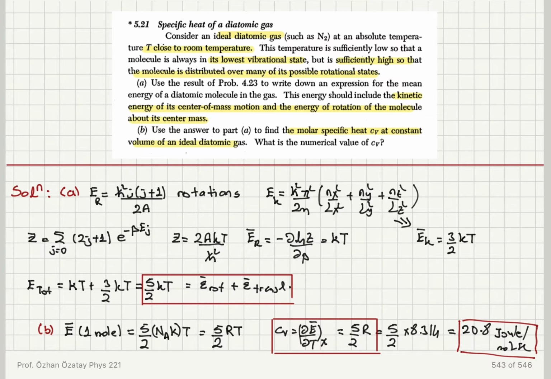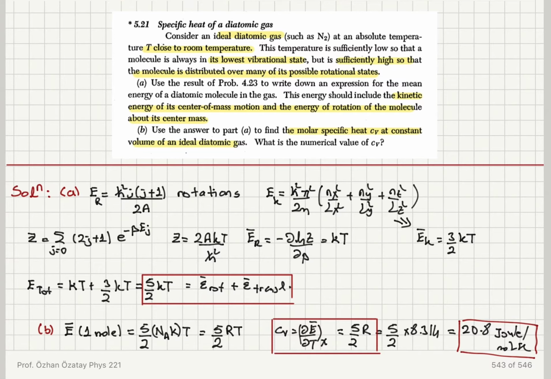So we're considering an ideal diatomic gas. We're taking into account the translations of the center of mass and the rotations with respect to the center of mass axis. For the rotations, we have from quantum theory a degree of degeneracy 2j+1.